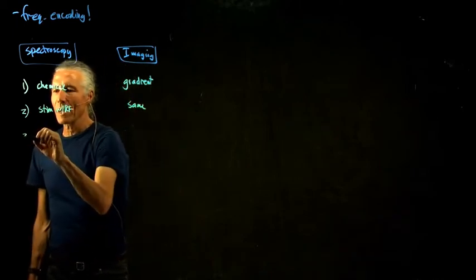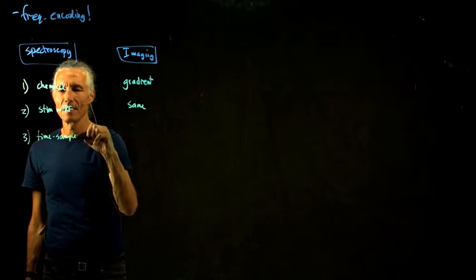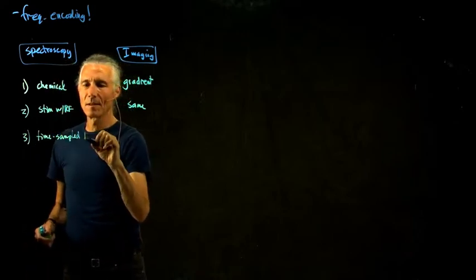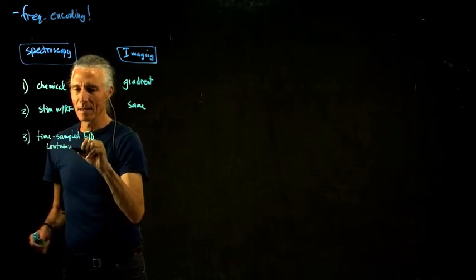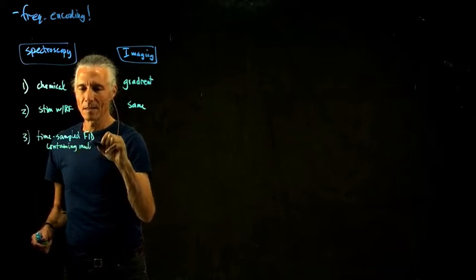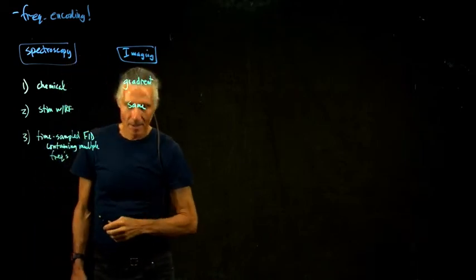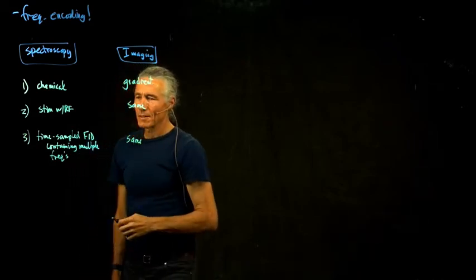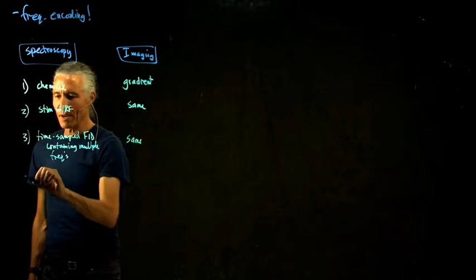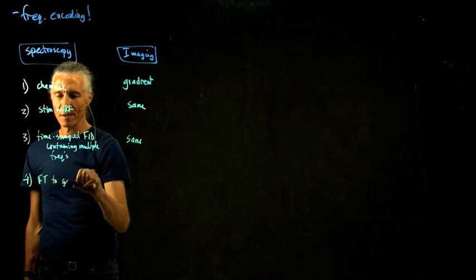And then we get back a time-sampled FID containing multiple frequencies. And the same thing happens over here. And then what's the final thing? We do a Fourier transform, FT, to get frequency peaks.